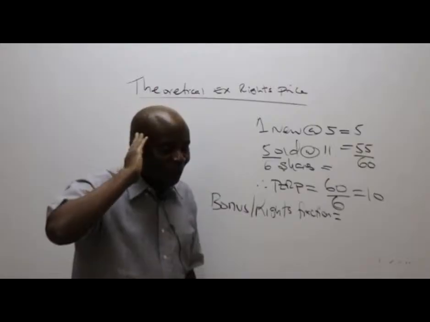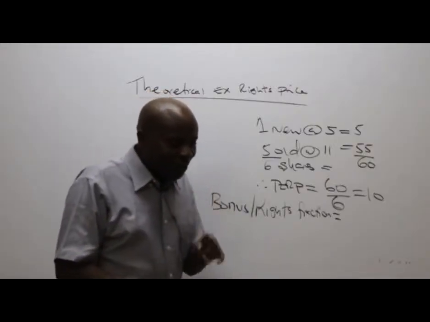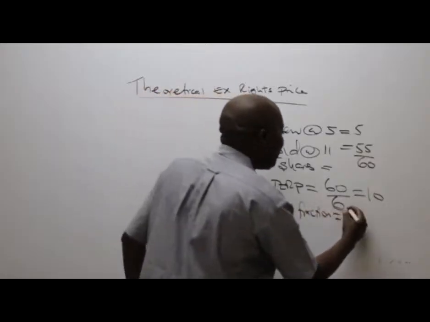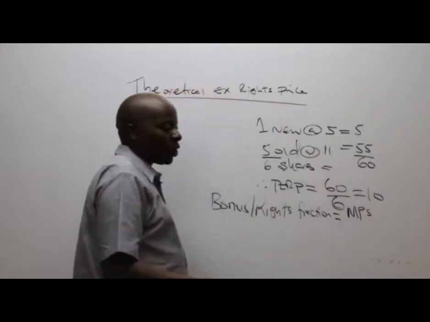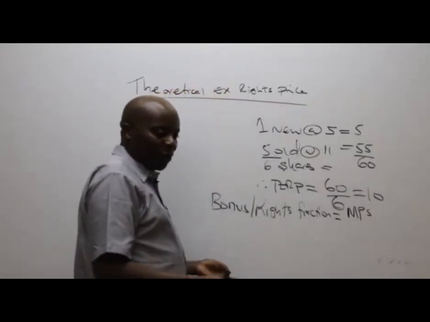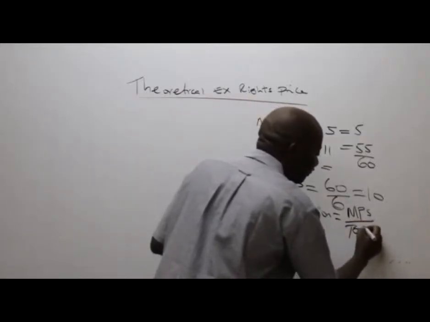There is nobody who is talking to me, but I've seen Alex Mokua. He has told me that Mwalimu, simply take the market price per share, the market or fair value of a share, divided by the TERP.